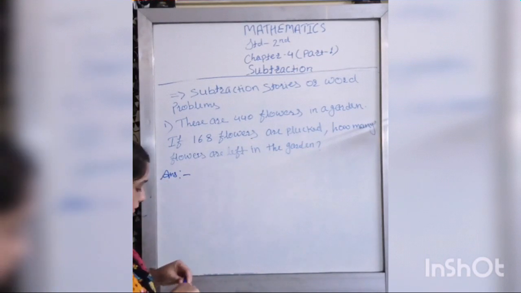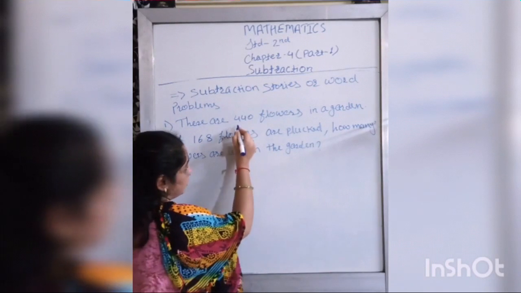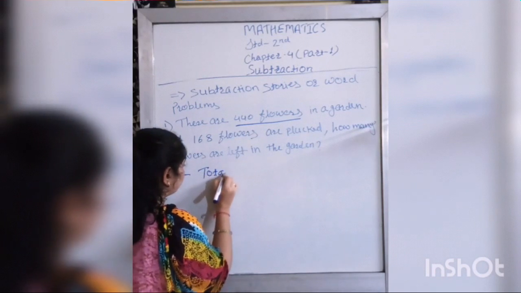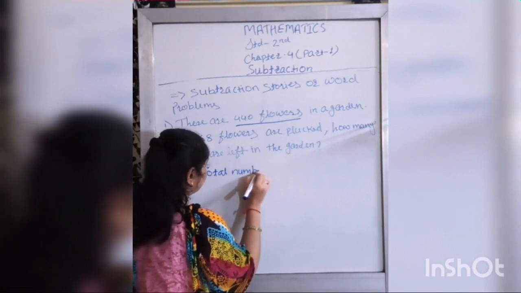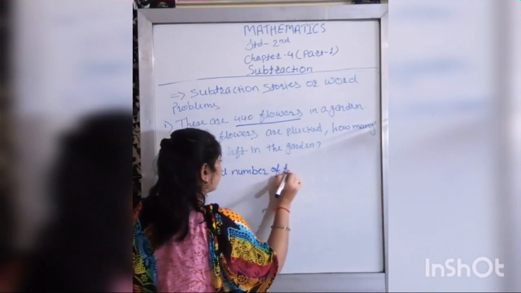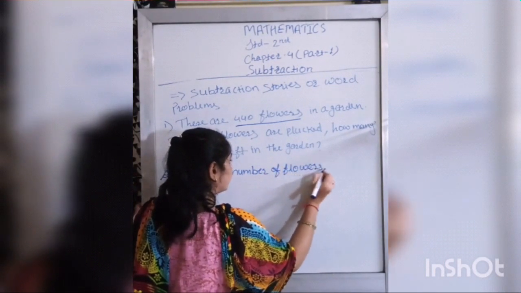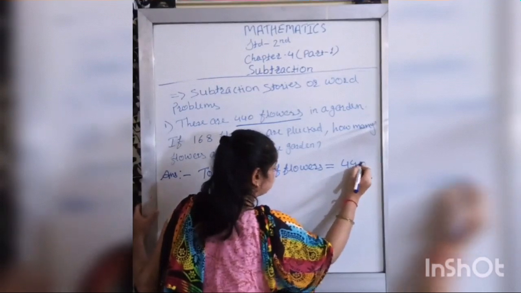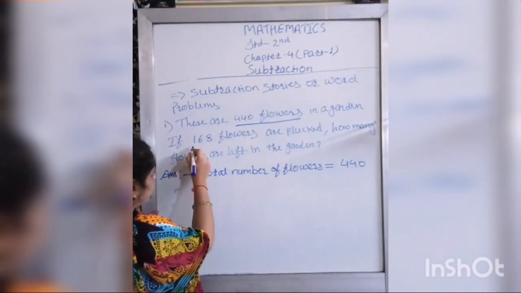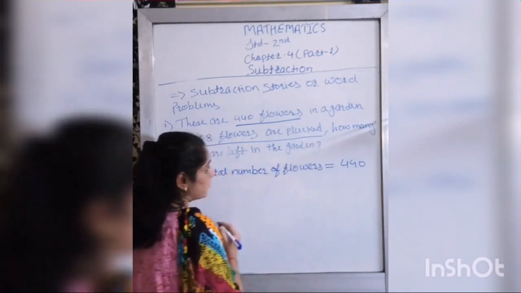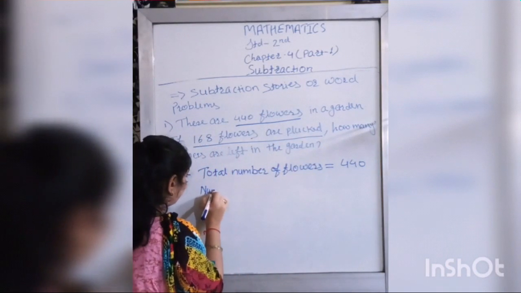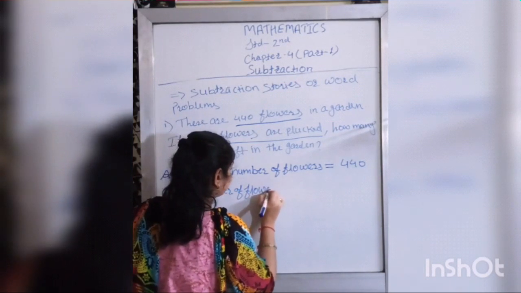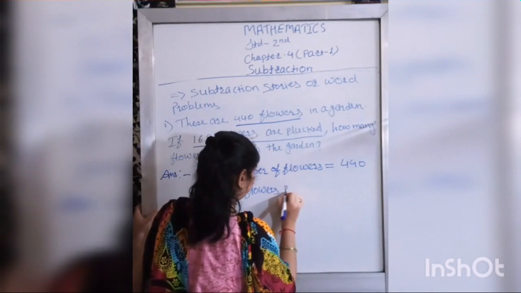Now see, the information we are getting from this question is the total number of flowers in the garden: 440. And the next one is the number of flowers that are plucked.